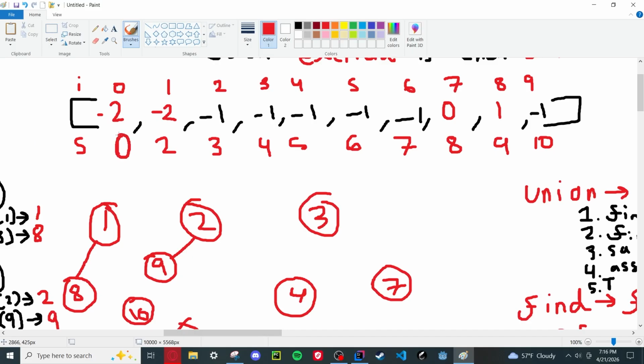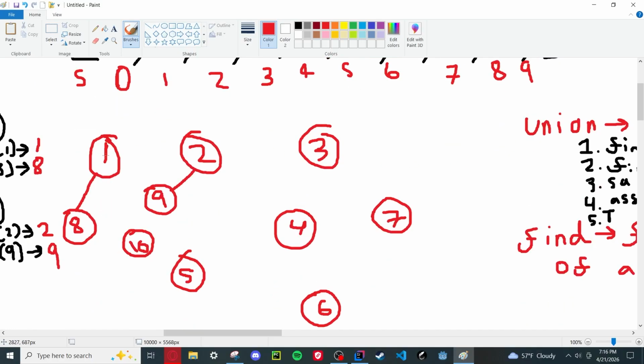And just for simplicity, I know I kind of already named everything. Let's just say 0, 1, 2, 3, 4, 5, 6, 7, 8, 9. So now everything actually matches up. And I'll go in here real quick and fix everything.